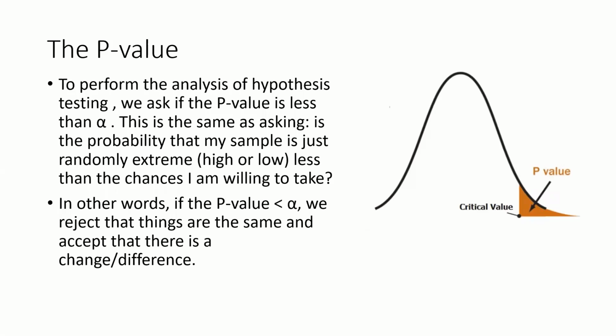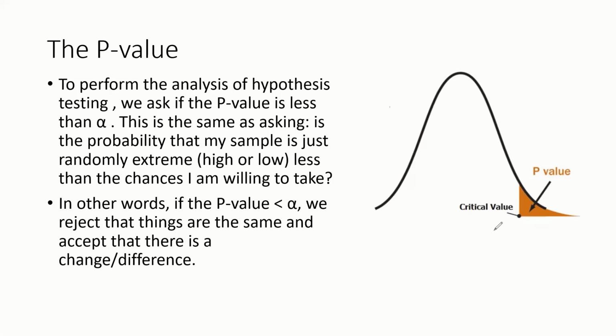So to perform the analysis of hypothesis testing, we want the p-value to be less than alpha. Alpha is the area of this critical region.